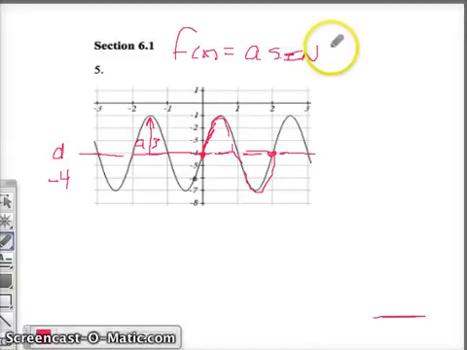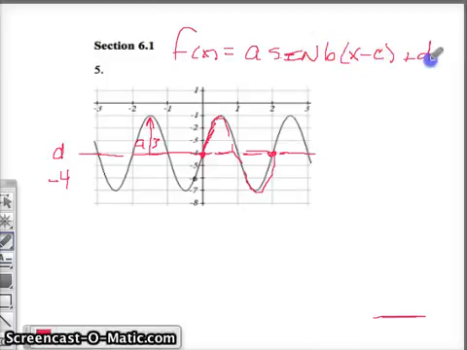I am actually writing a little bit neater than it may appear. But anyway, it is what it is. So we found D is -4. There is no phase shift, so that's 0. A we just found was 3. The only thing we've got to do is find B.